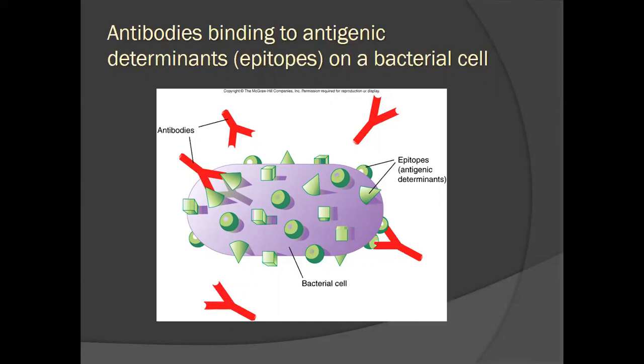The reason I like this illustration is because it shows that all these epitopes exist on the same bacterial cell, and so you can have multiple antibodies responding to different regions of the same pathogen.